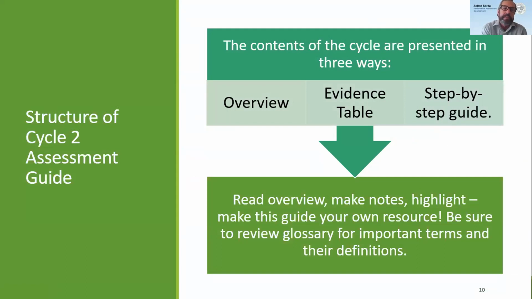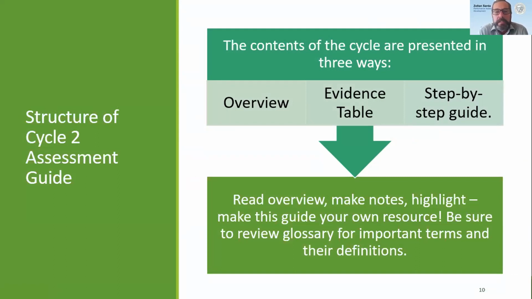Okay, one of the things that we hear from candidates is that the guide seems a little redundant, and this is intentional. There are 3 places where you are able to access what it is that you're going to be doing in cycle 2.